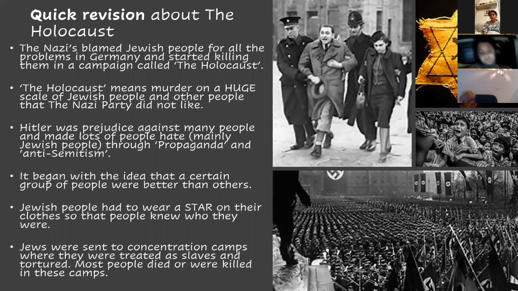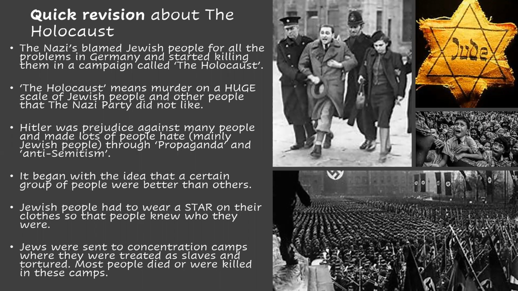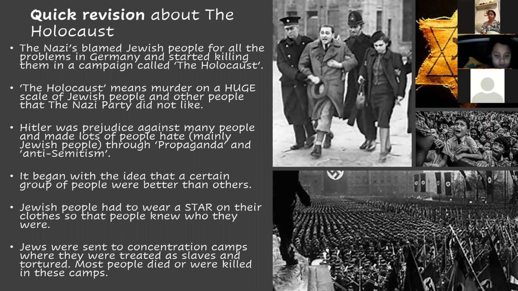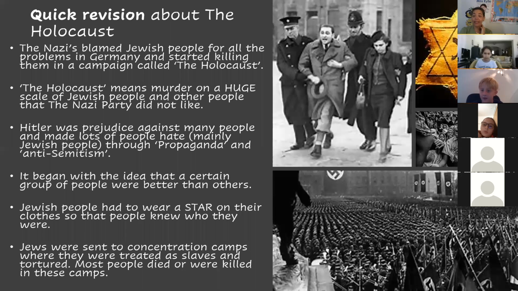Prejudice means, for example, if everyone blames one person for something, but actually it wasn't him or her at all, it was another person, but they still just blame it on them. Exactly, so a kind of scapegoat as well. Right, Lisa, I want you to tell me what the word propaganda means.